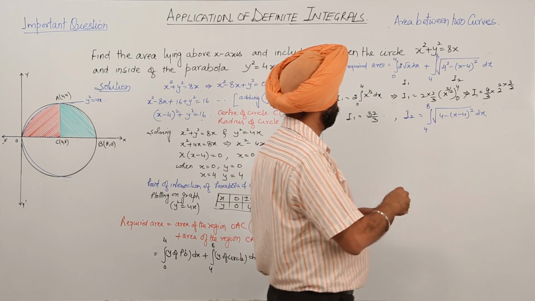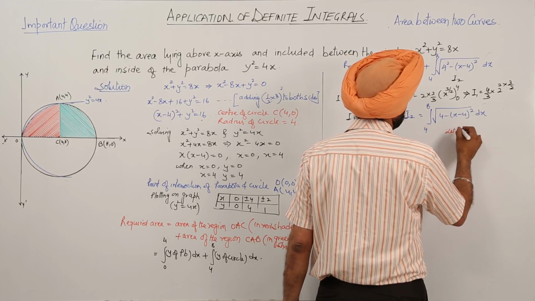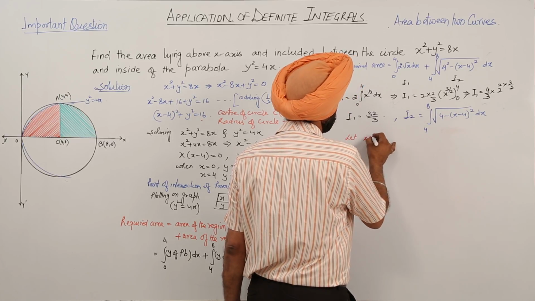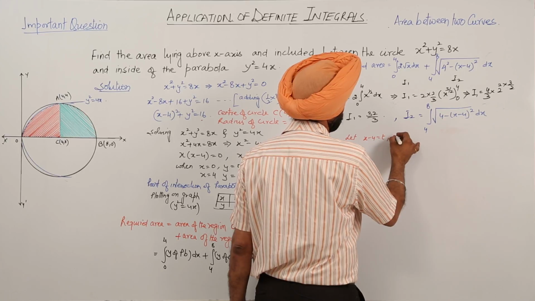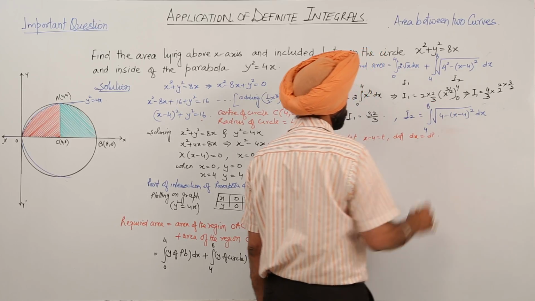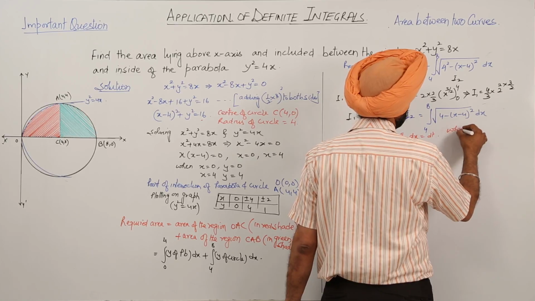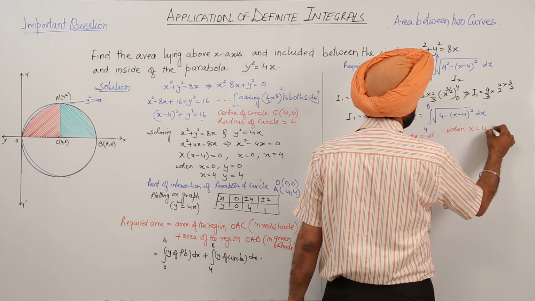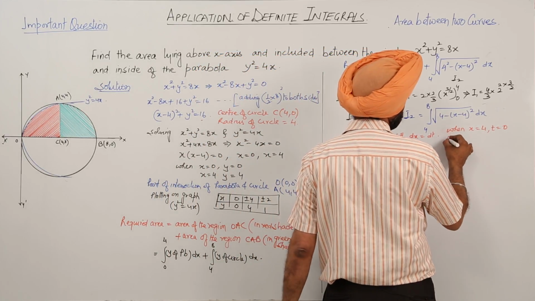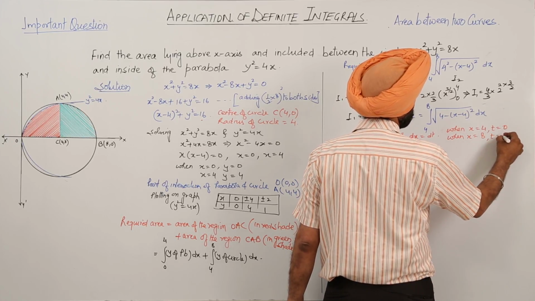Now let x minus 4 is equal to t, differentiating, dx is equal to dt. One thing, changing the limits. Now when x is equal to 4, t is equal to 0, and when x is equal to 8, t is equal to 4.